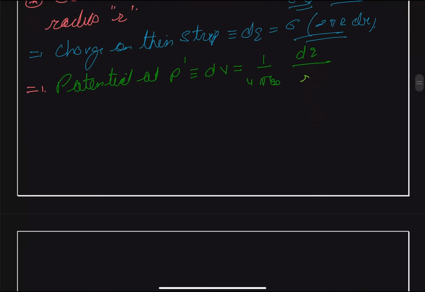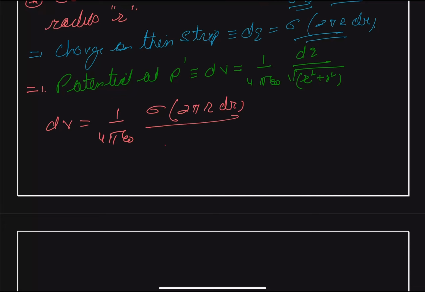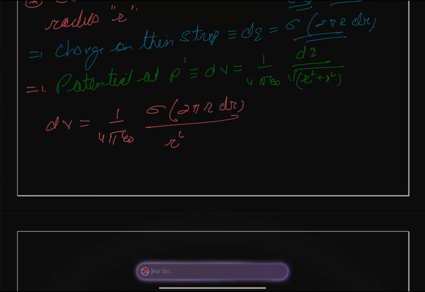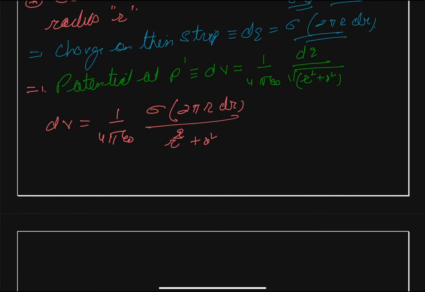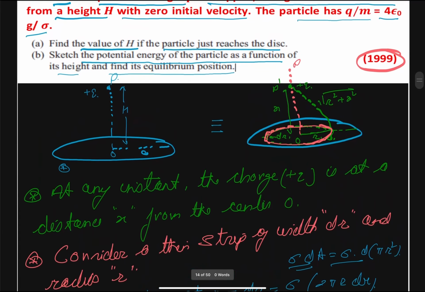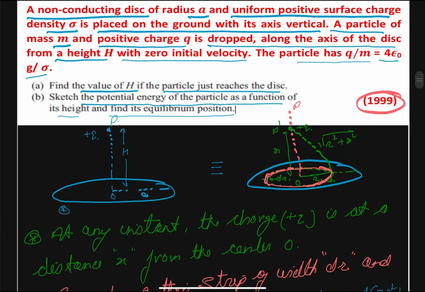We already know our dq, so we substitute, and we get dV is equal to 1 upon 4 pi epsilon naught, sigma times 2 pi r times dr divided by the square root of r square plus x square. And we have to find out the value of h.